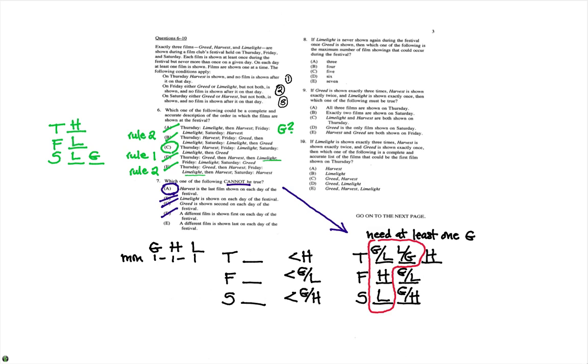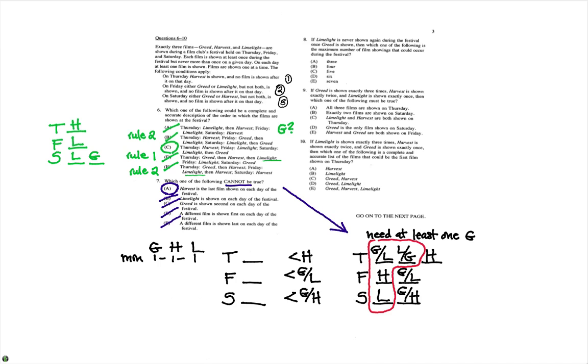And lastly, just checking E, a different film is shown last on each day of the festival. And again, you notice we could have harvest come last on Thursday, limelight show up last on Friday, greed come last on Saturday. So E is also possible. So E would be eliminated.